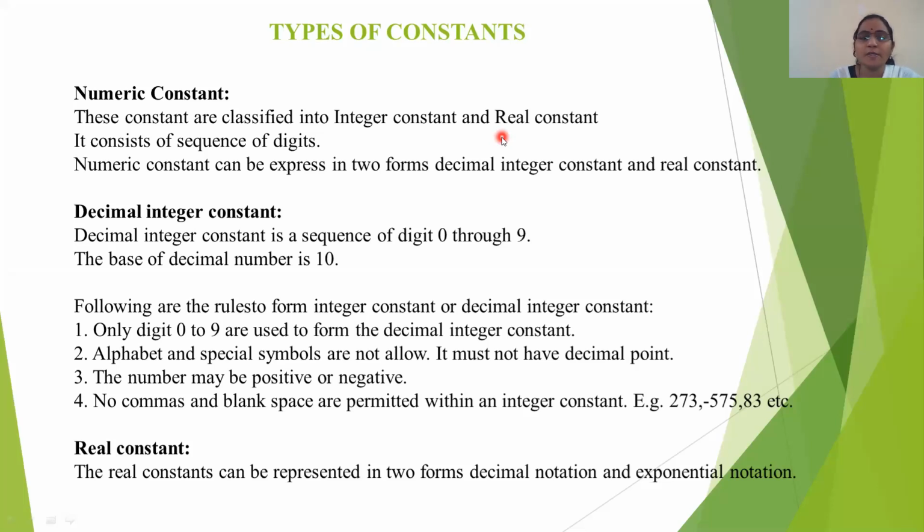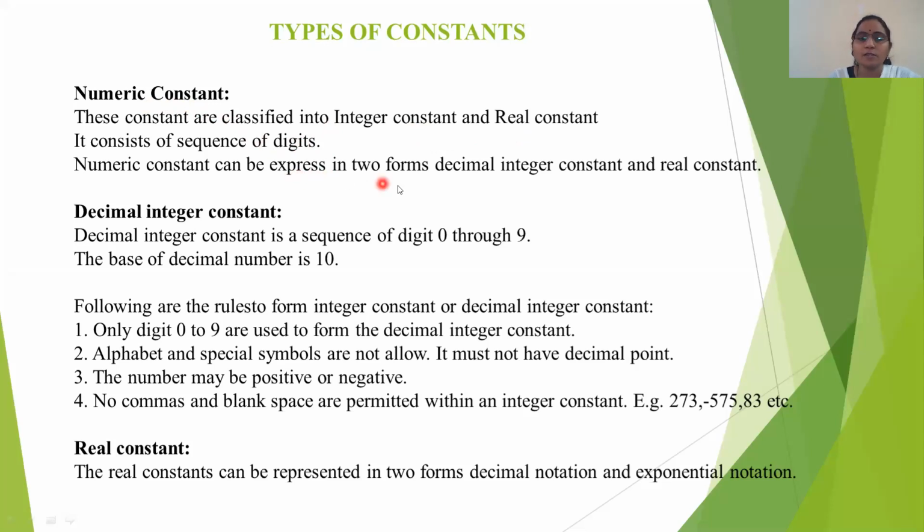The integer constant consists of only integers, and real constant consists of the integer part as well as the fractional part, and it consists of a sequence of digits, meaning only the digits from 0 through 9.